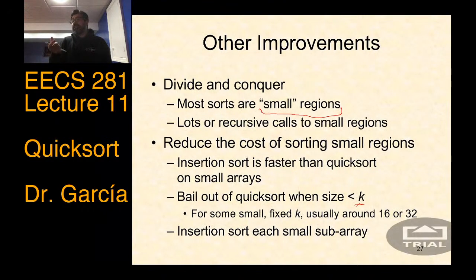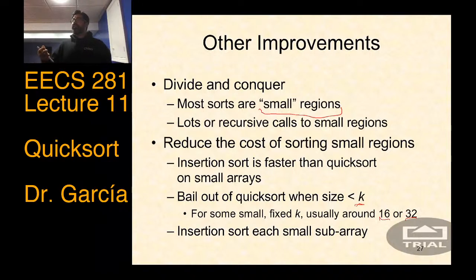Because doing Quicksort on such a small section of the array, which is often 16 or 32, is kind of a waste of time because it's so small that you can assume that partitioning won't do much at that point.